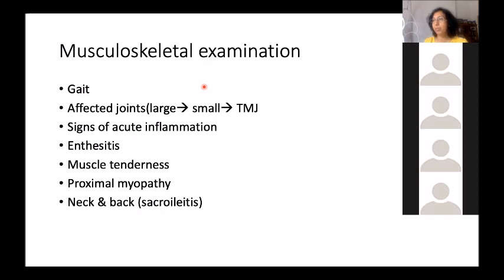So if there is proximal myopathy, what could be the limitation in her mobility? It's climbing stairs, right? So you could ask that from the child. And also it's important to examine the neck and the back for cervical spine involvement and sacroiliitis. Right? So that completes your musculoskeletal examination.